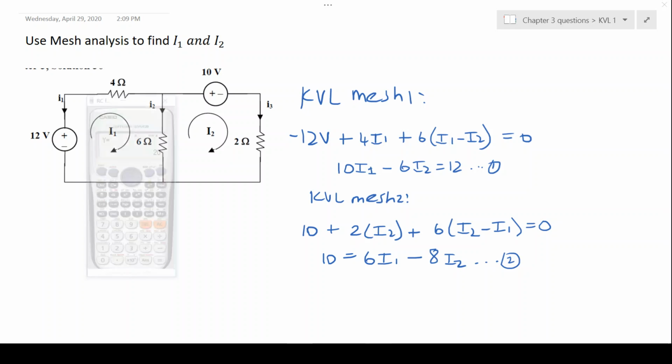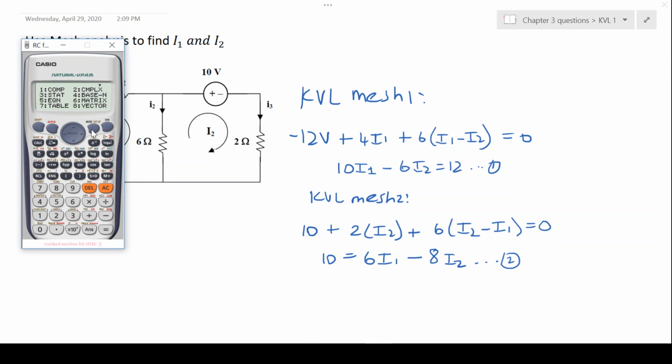And then again, we can use our equation mode to solve for the currents I1 and I2. To get the currents, we're going to be using the coefficients of the two equations. The first set of coefficients is 10, negative 6, and 12.